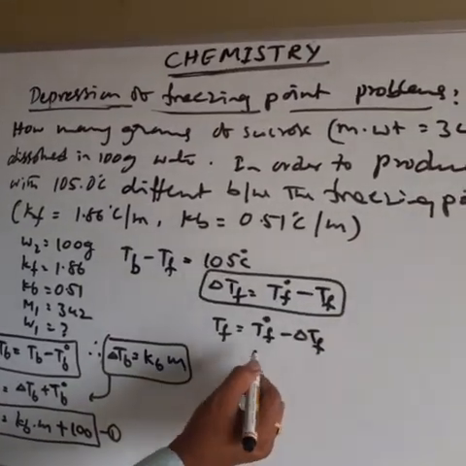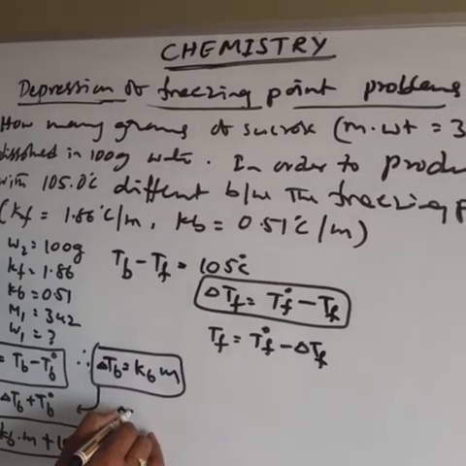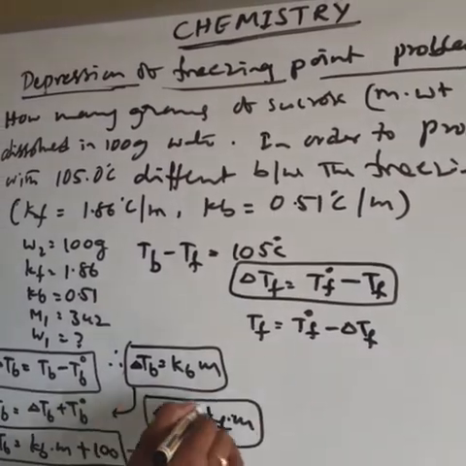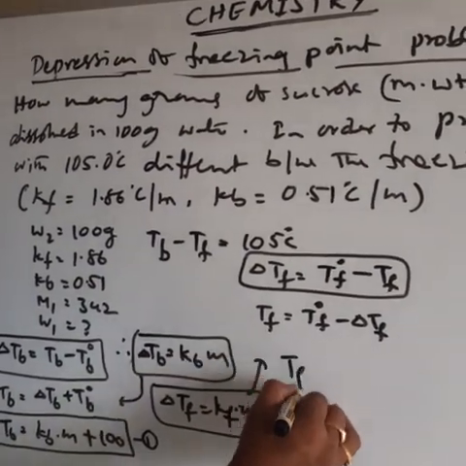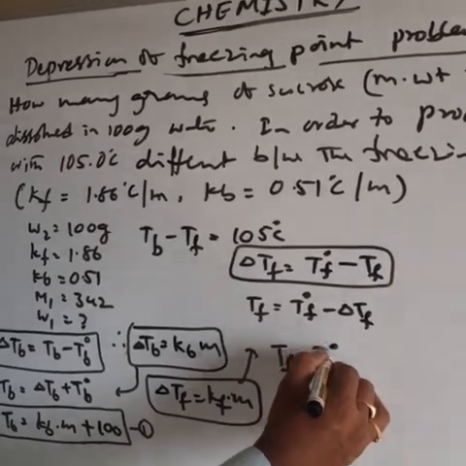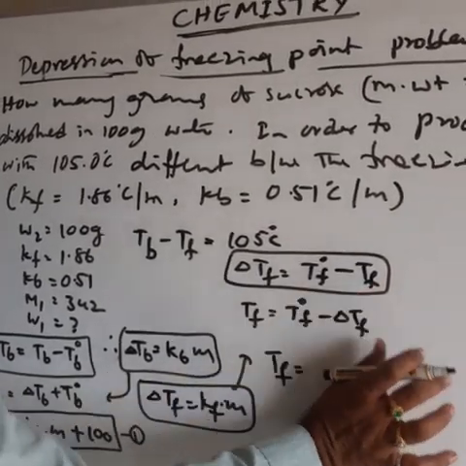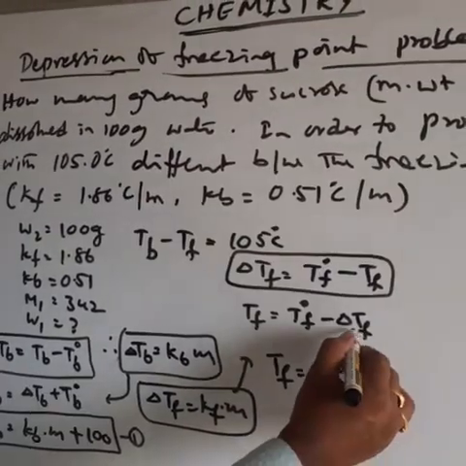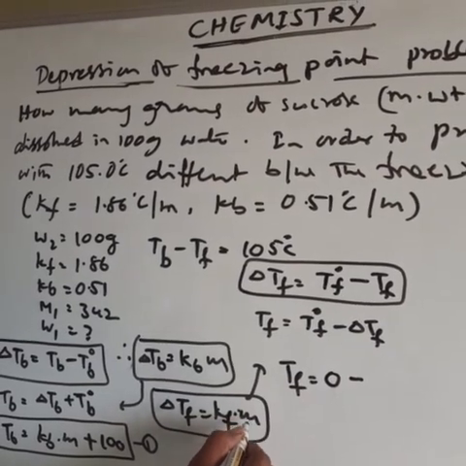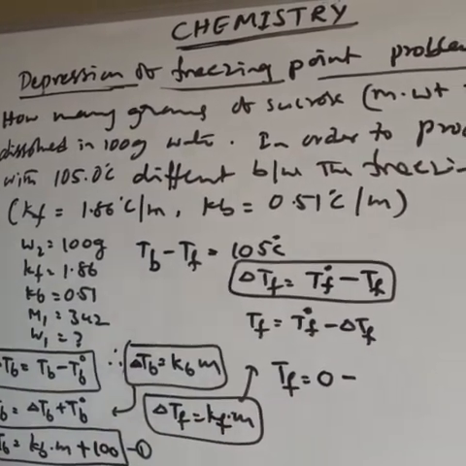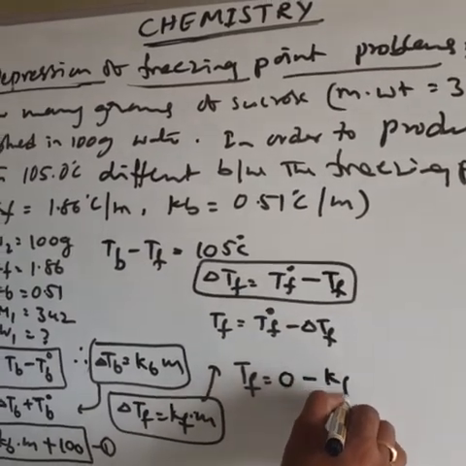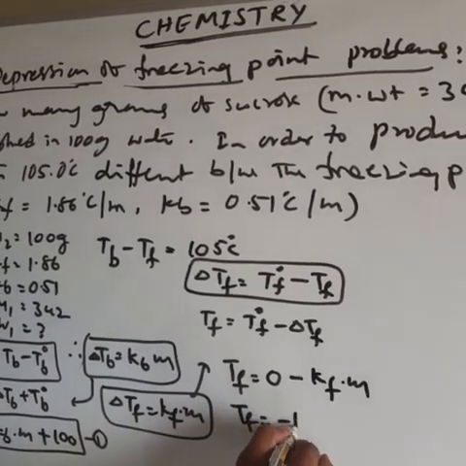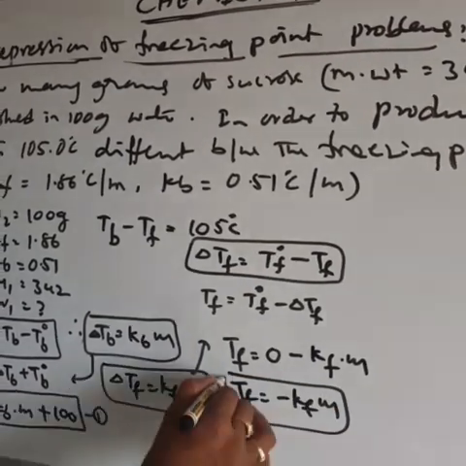We already know T naught F, and delta TF is equal to KF into M. So by using that formula, TF is equal to T naught F, the freezing point of water, 0 Celsius degrees, minus delta TF, which is KF into M. Therefore TF is nothing but minus KF M. So this is equation 2.